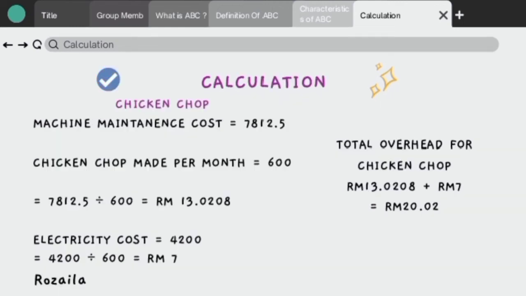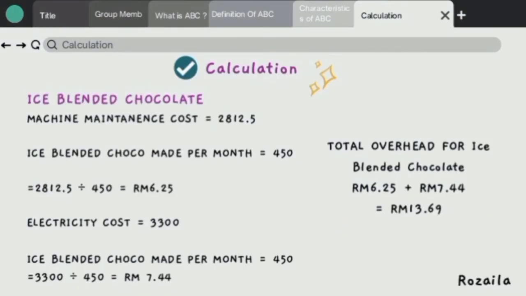With 600 units of chicken chop produced in a month, the total overhead for chicken chop is RM 20.02. Meanwhile, with 450 units of ice blended chocolate produced in a month, the total overhead for ice blended chocolate is RM 13.69.